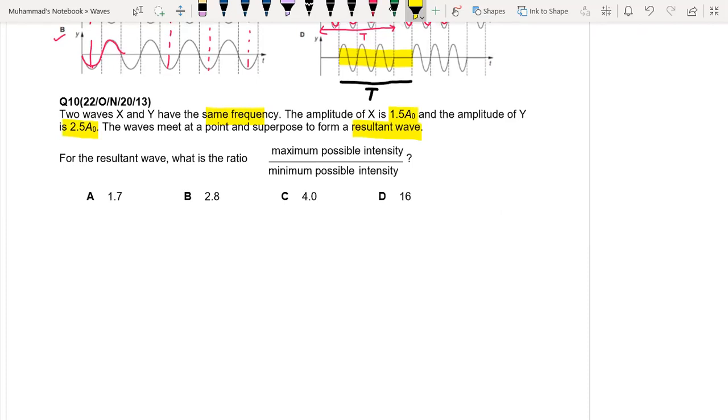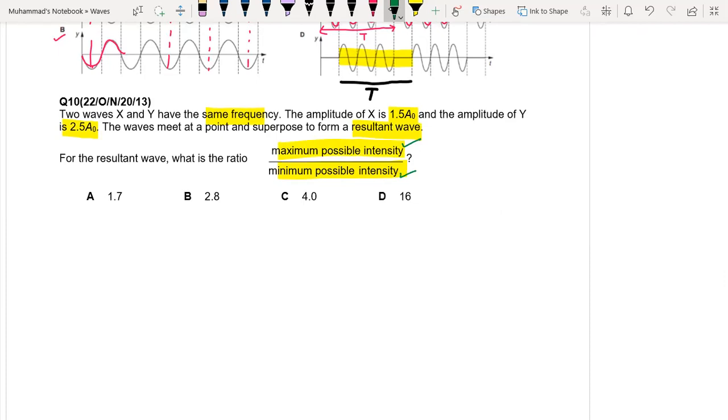For the resultant wave, what is the ratio of maximum possible intensity to minimum possible intensity? So two waves of different amplitude are meeting at some point, and we have to find the ratio of maximum intensity to minimum intensity.